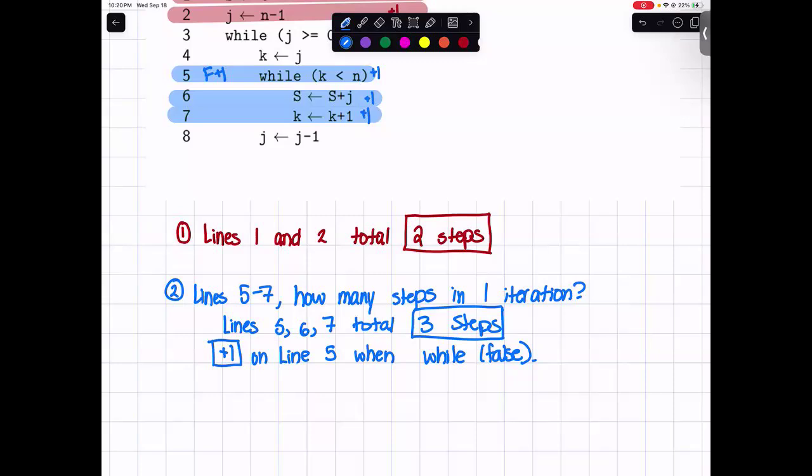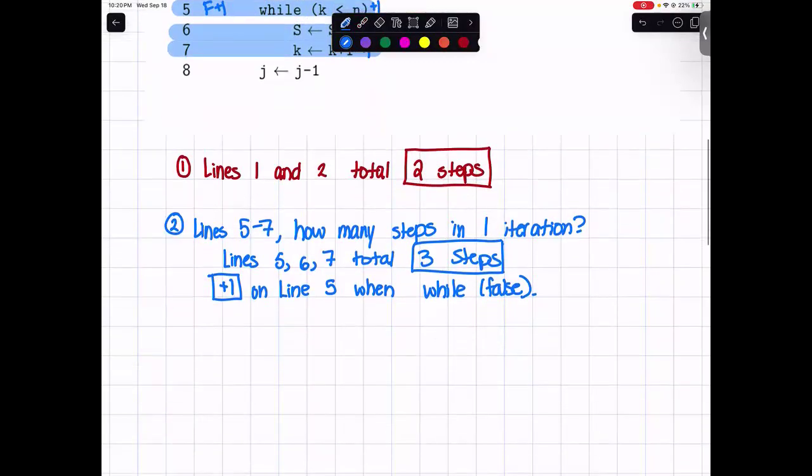So the loop condition right here on line 5 evaluates to true for j plus 1, for j plus 2, for j plus 3, all the way up to, but not including n. So all the way up to n minus 1. So for every single one of these values, we know that lines 5, 6, and 7 are going to be executing, equaling that total of 3.